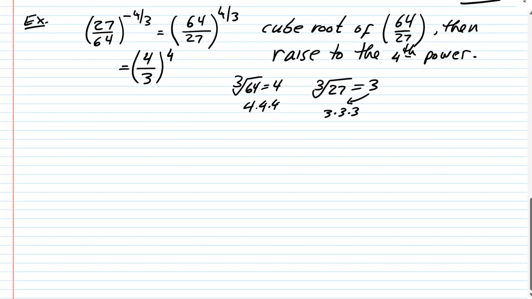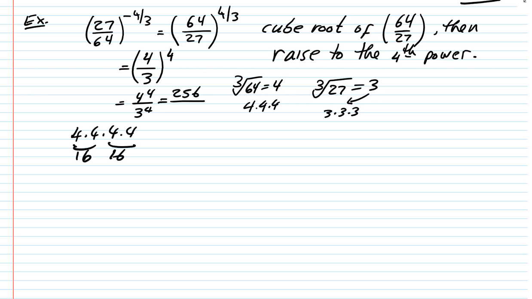Now, 4 to the 4th power divided by 3 to the 4th power. And 4 to the 4th power, I happen to know that one is 256, because that's 4, 4, 4, 4, like 16 times 16, which is 256. And 3 to the 4th power, that's 3, 3, 3, 3, which would be 81. So the answer is 256 over 81.